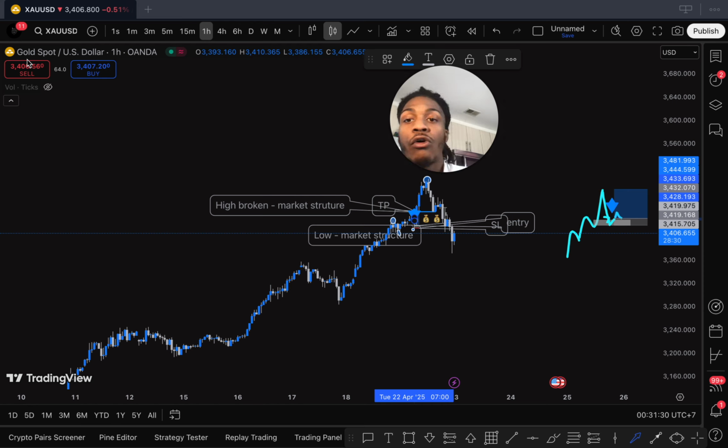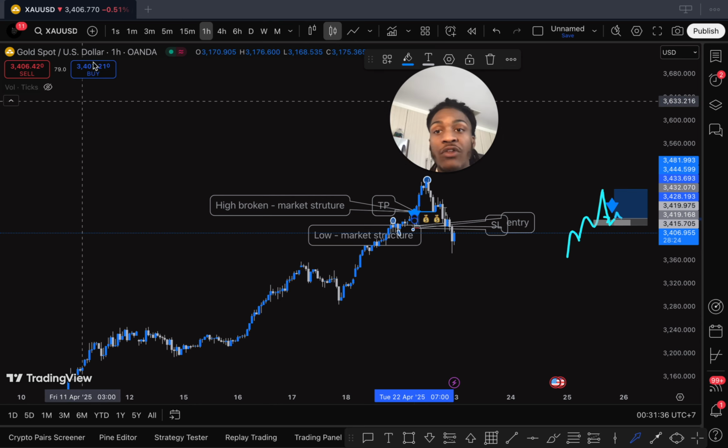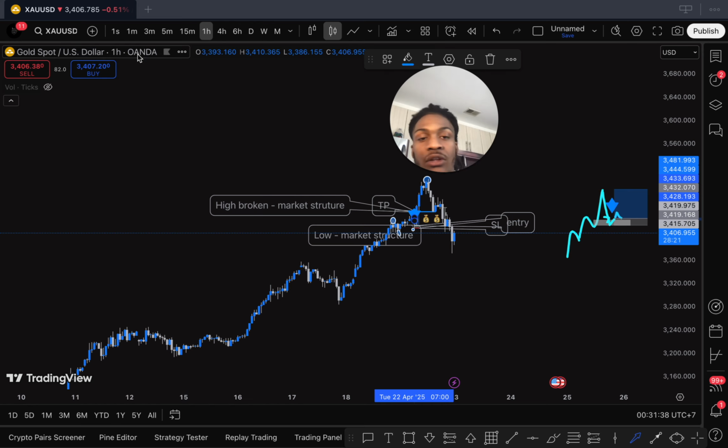So gold on the 1 hour, it may not be a lot to you guys, but the 1 hour is basically like a high time frame. And then when you're trading gold, you have to go below the 1 hour. 5 minute, 3 minute, 1 minute even, and that tends to be where most of my gold trading setups are. The 5 minute, the 3 minute, and the 1 minute.